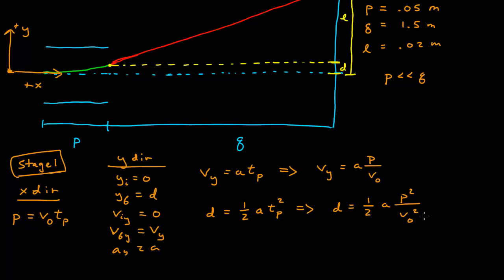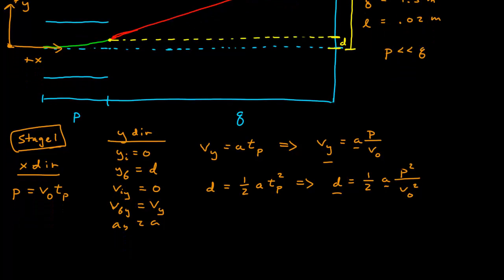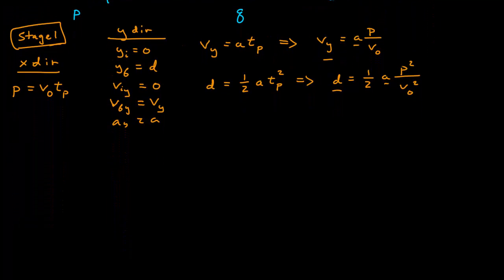So now a is what I'm inputting, and I want to be able to solve for some deflection L. Now I have the velocity that it leaves the plates as well as the deflection within the plates in terms of that acceleration a. Okay, and that's what I got last time. I only needed vy in terms of a, and this time I've got vy and d in terms of a. All right, so let's go on to stage 2.